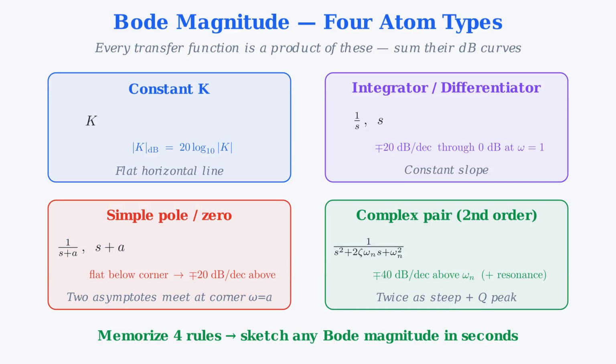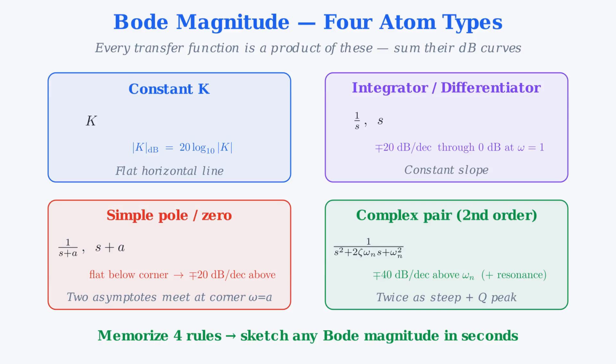Simple pole, 1 over s plus a. Below the corner frequency omega equals a, the magnitude is roughly 1 over a, a flat asymptote at minus 20 log a dB. Above the corner, the magnitude decays as 1 over omega, slope minus 20 dB per decade. 2 asymptotes that meet at the corner.